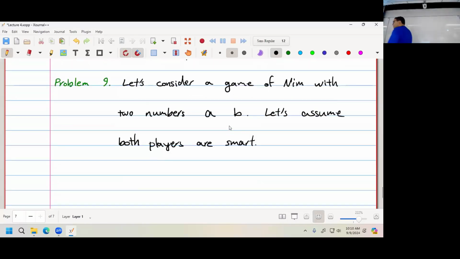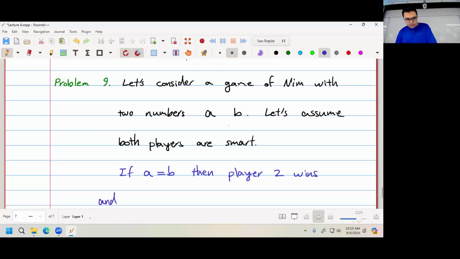I want you to prove that the winner depends on whether A is equal to B. Of course, initially A and B are greater than or equal to 0. I want you to prove that if A is equal to B, then player 2 wins, and if A is not equal to B, then player 1 wins.